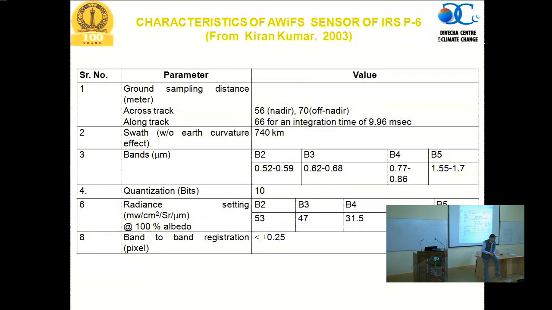What it means is your ability to visit the same line feature significantly reduces as you have less and less swath. Correct? So you have this swath which is 700 kilometers. You can see the same line feature at the interval of 5 years.